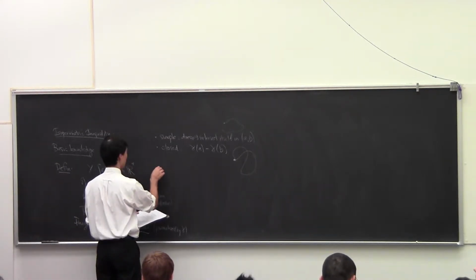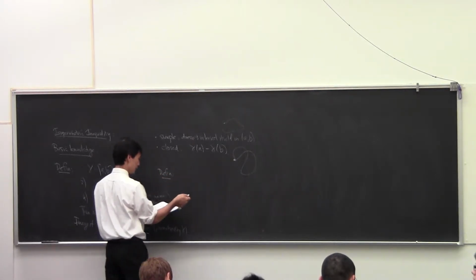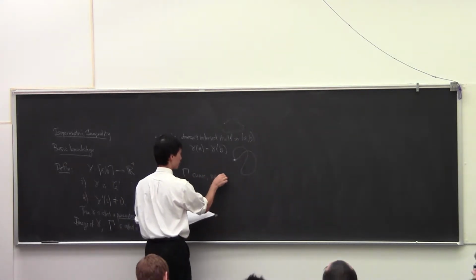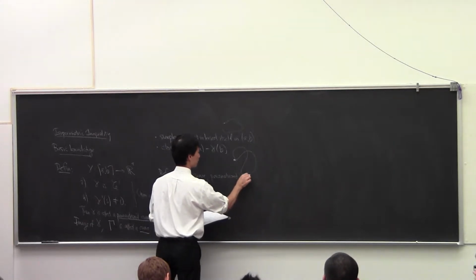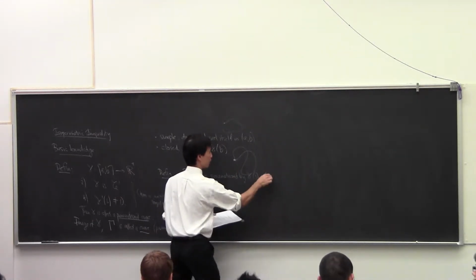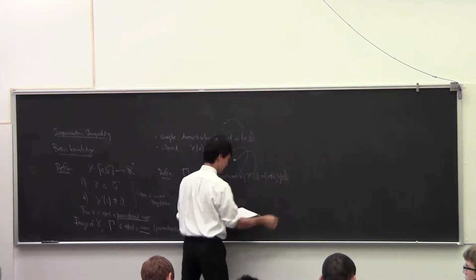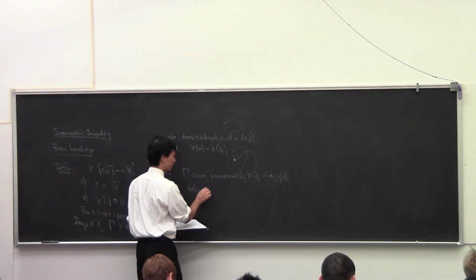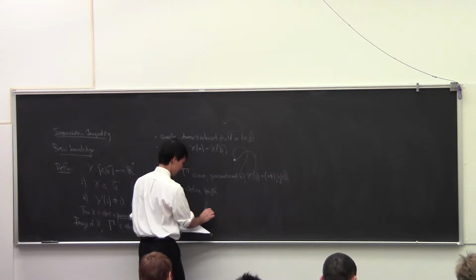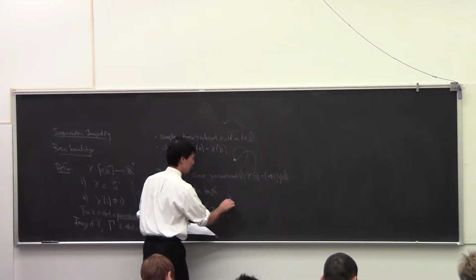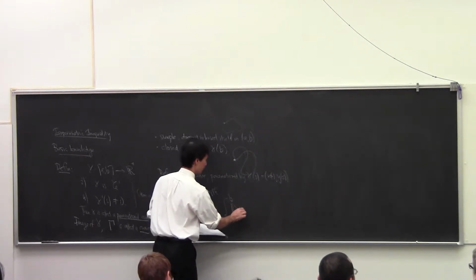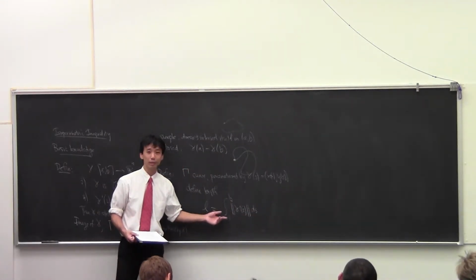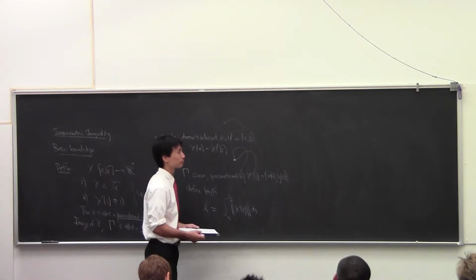Second definition. If you have a curve big gamma parametrized by little gamma, which has component functions x and y, then we define the length of gamma as the integral of the size of gamma prime.